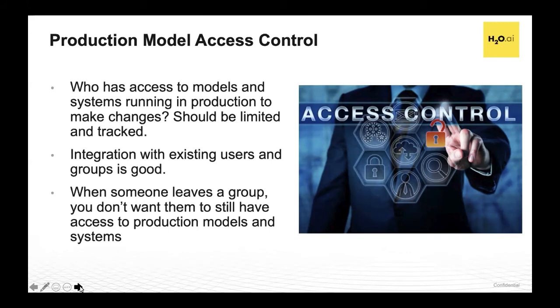So access control is about security. It's about reliability and stability as well. We want to make sure that the people who have access to production models, who can promote a model from, let's say, testing to production, right, is a limited set of people who are trained on that process, who understand production issues, right, and what to look for.